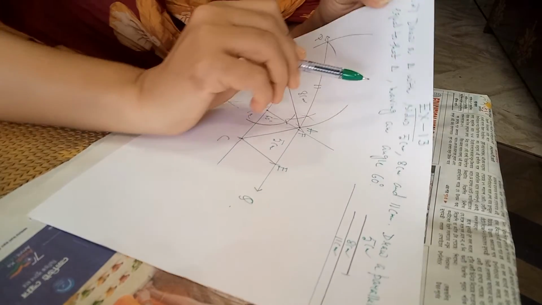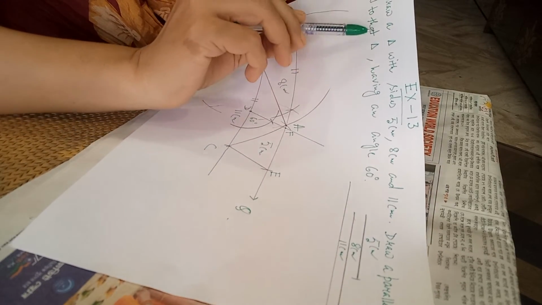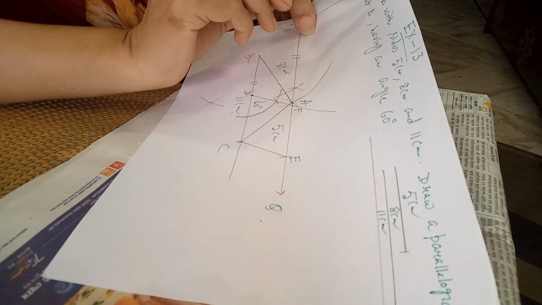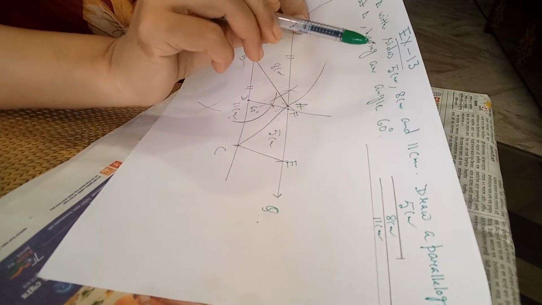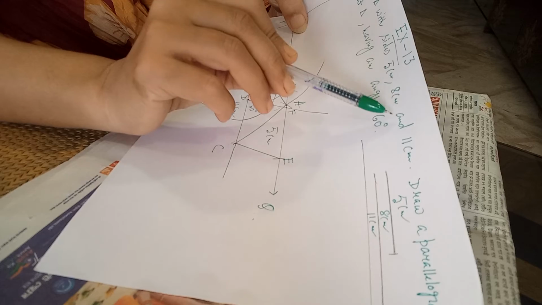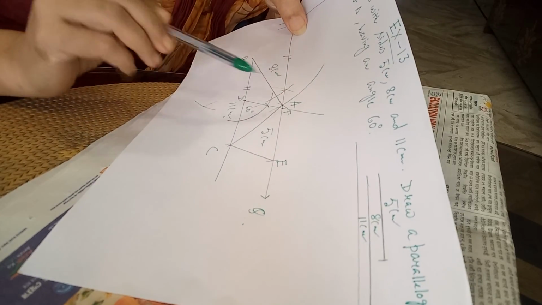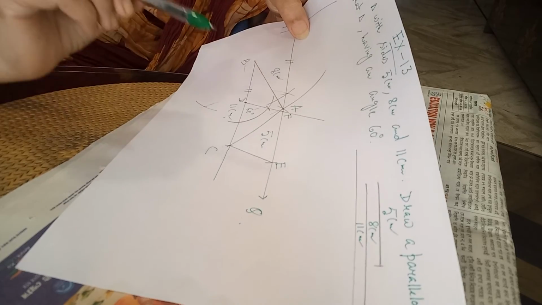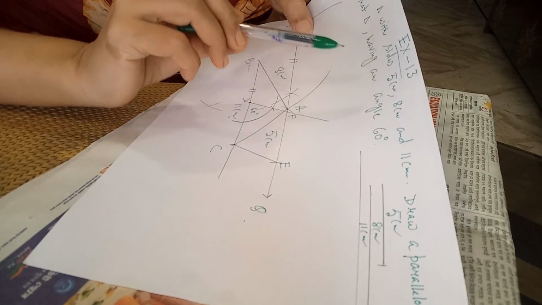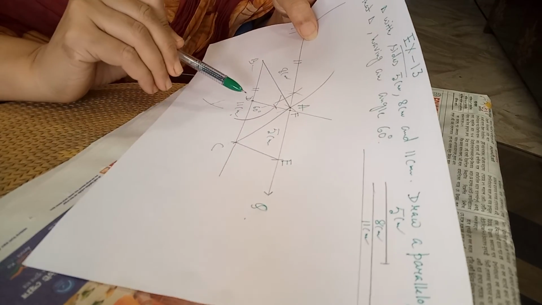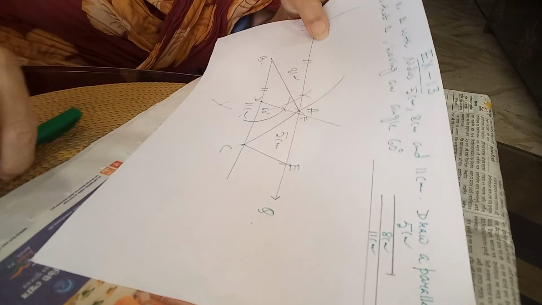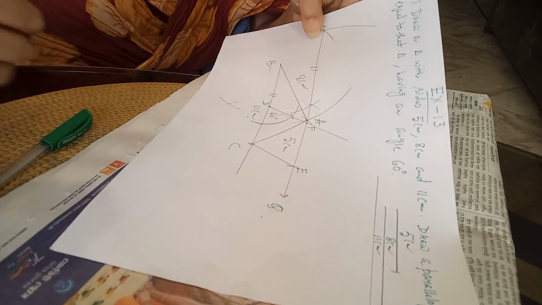By seeing that, you can write: a triangle with sides 5 cm, 8 cm and 11 cm is drawn. A parallelogram FDCE is constructed equal in area to the triangle, having an angle 60 degree. Clear? Then next one.